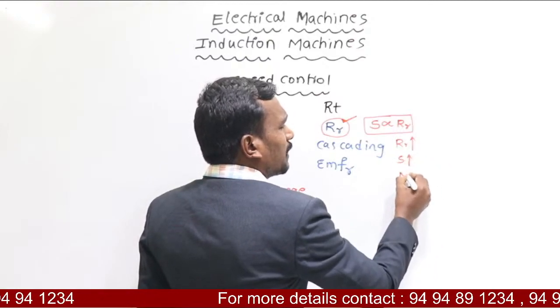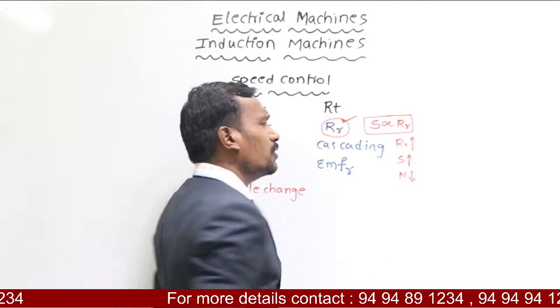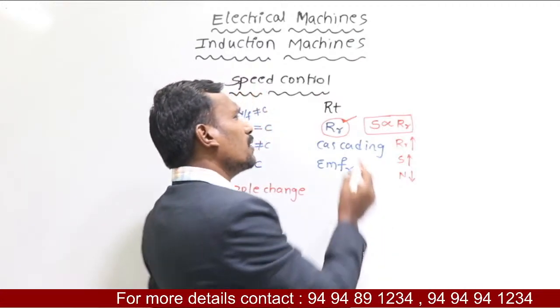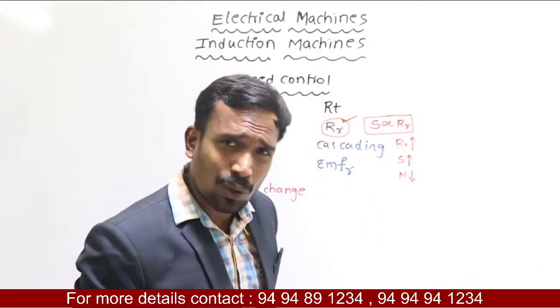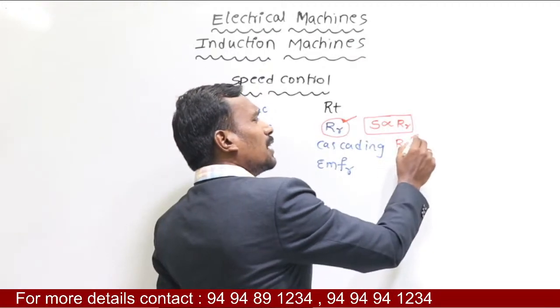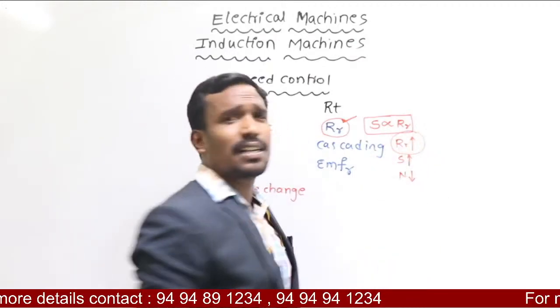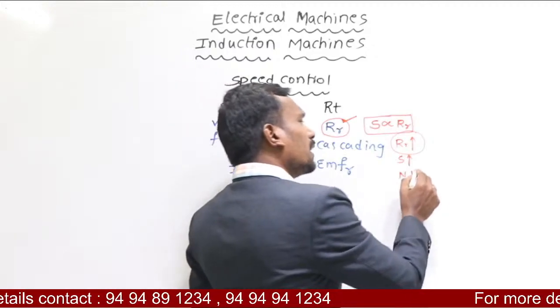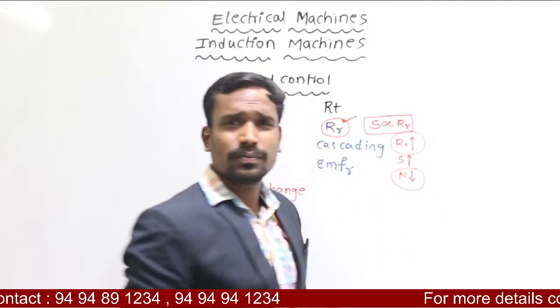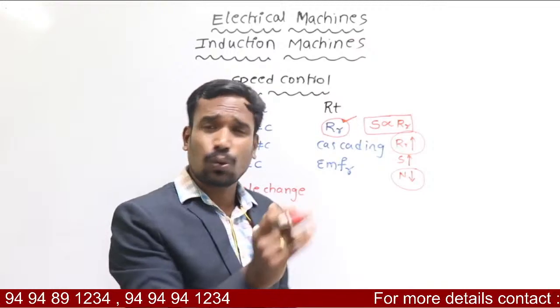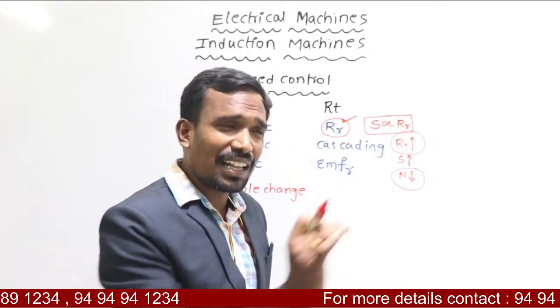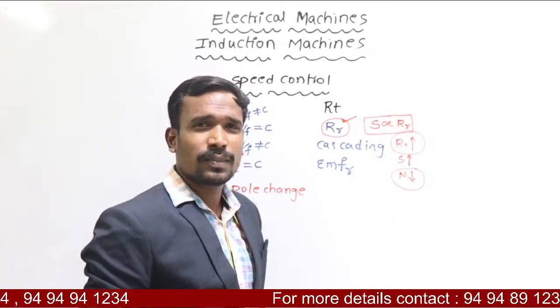If the slip increases, the speed reduces. This is the concept in rotor resistance control. So by increasing the rotor resistance, or by adding extra resistance in the rotor, we can control the speed. Based on that, they will ask you questions, which is very important for competitive examinations.